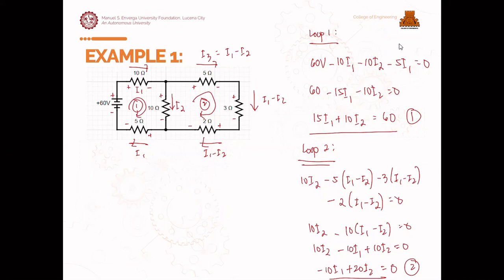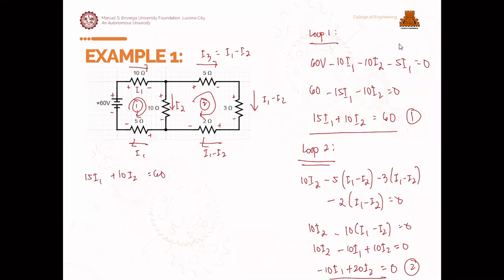So, meron tayong 2 equations, 2 unknowns. Kailangan natin gamitin yung values na yan para kunin natin yung value ng I1 and I2. So, paano natin magagawa yun? By either elimination method or substitution method. Okay? So, try natin by elimination method. Kailangan ma-cancel out yung isa, no?